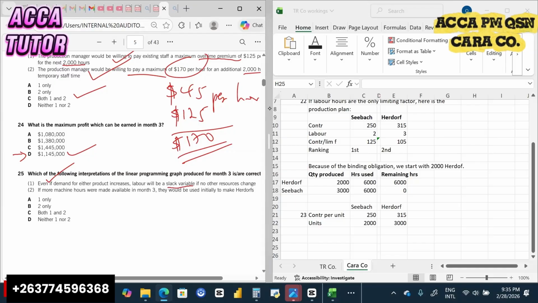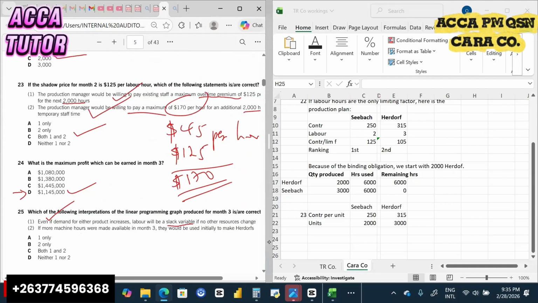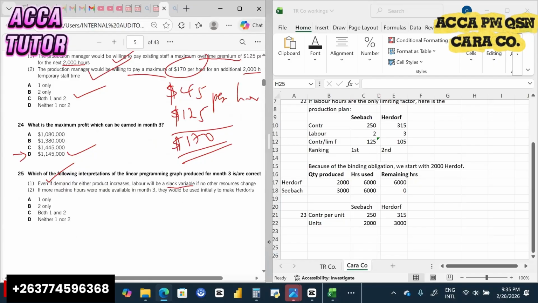Some students might be caught off guard if they are not alert. In terms of machine hours, we have already determined that they've been fully used up. But the examiner is saying, yes, we know that you understand they've been used up. So tell us, if more machine hours are going to be added, are we going to initially make head-offs?